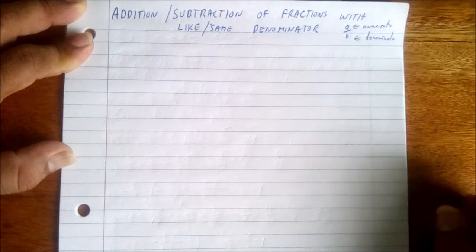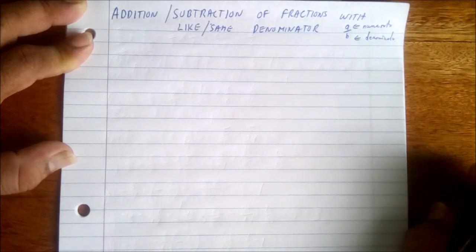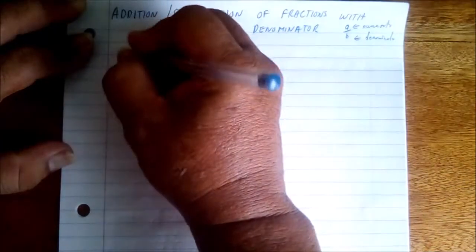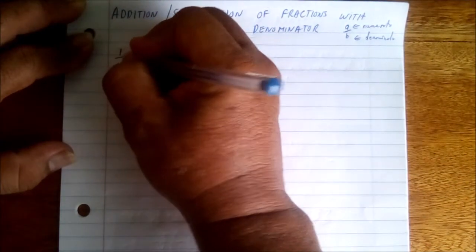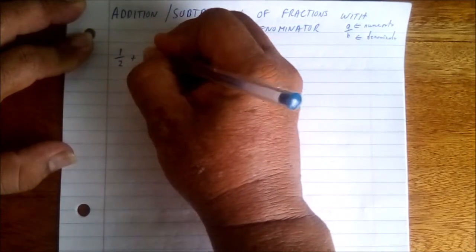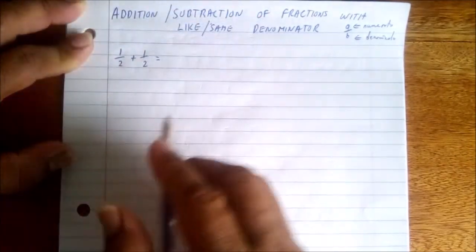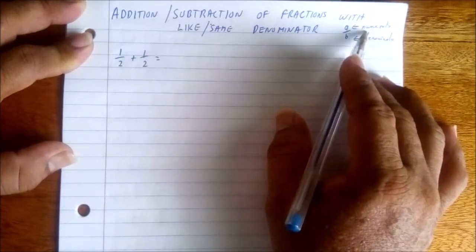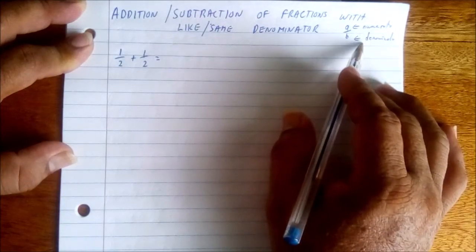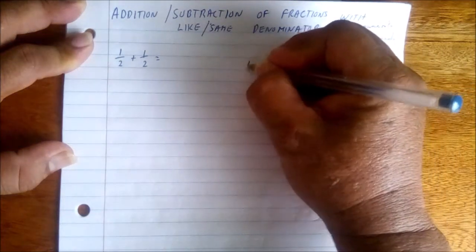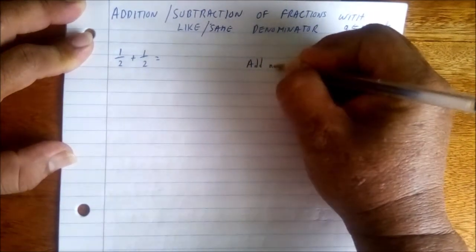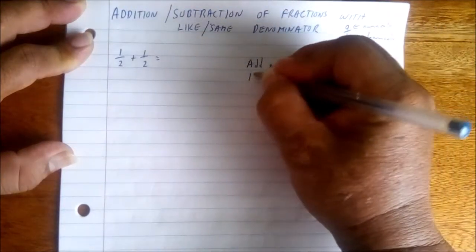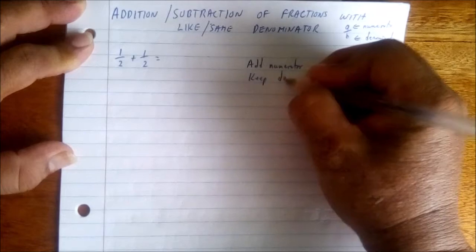So if you have two fractions, we have 1 over 2 plus 1 over 2. The way we're going to add this, we will add the numerators and keep the denominator.